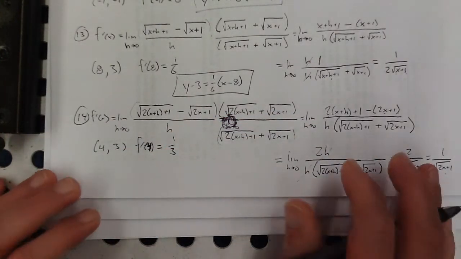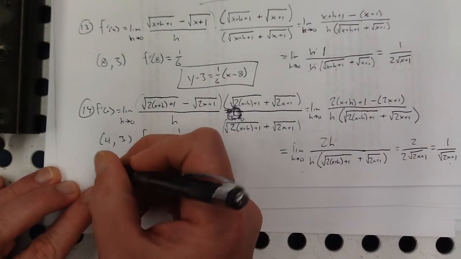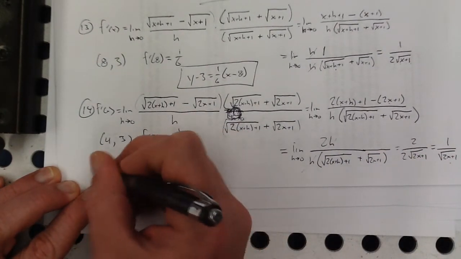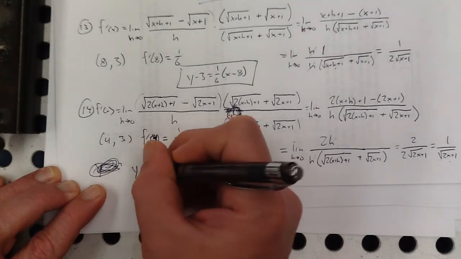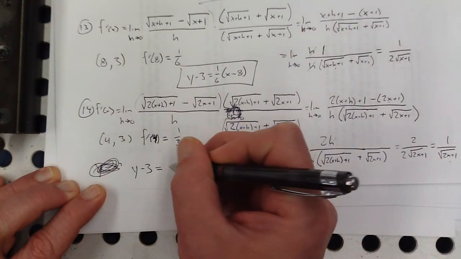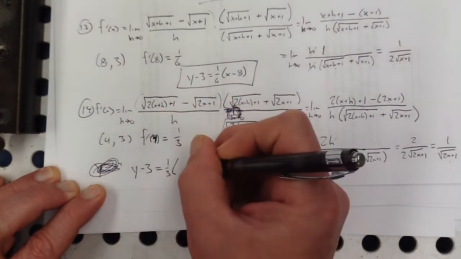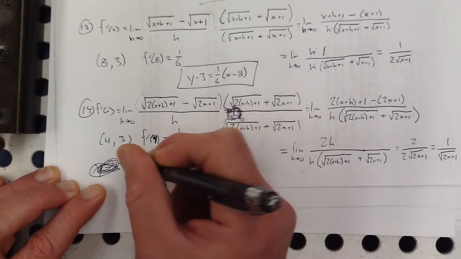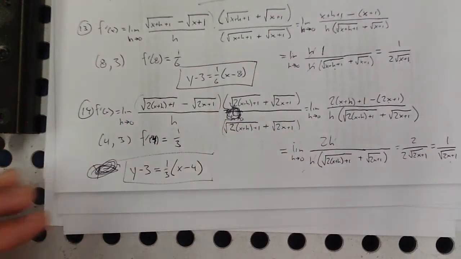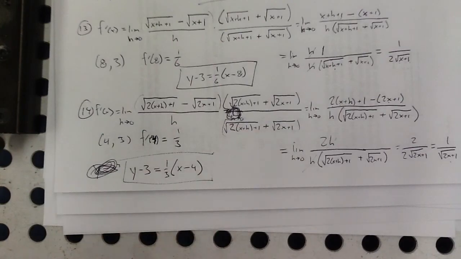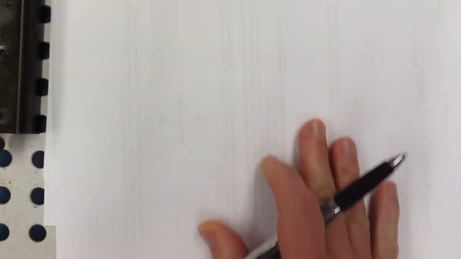And then you throw down your tangent line. Y minus, jeez, I'm trying to go too fast. Y minus 3 equals slope times x minus 4. There it is. I don't know why I feel like I have to put boxes around the tangent lines and not the derivatives. Whatever. All right, we got 2 more little problems here.